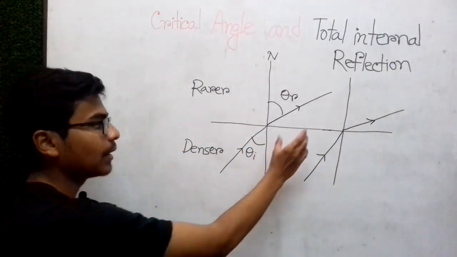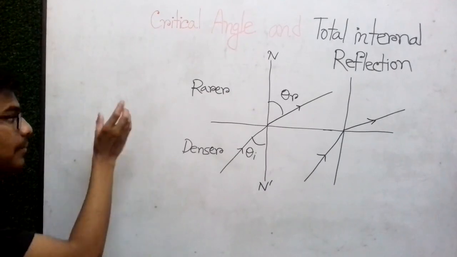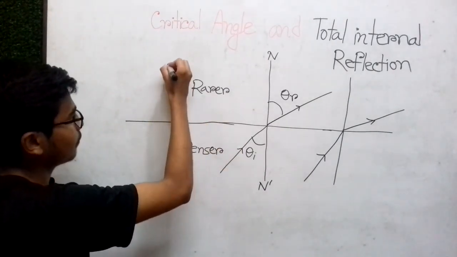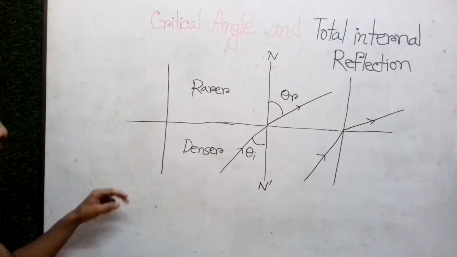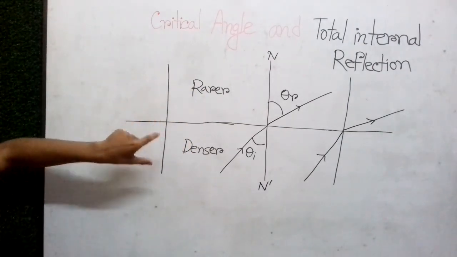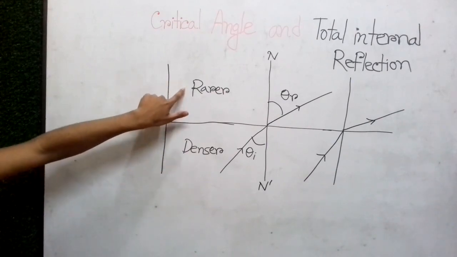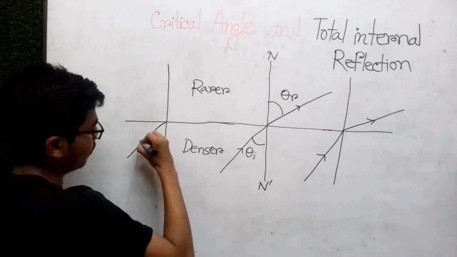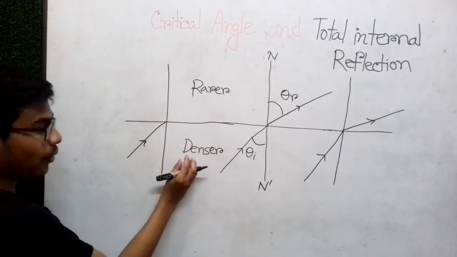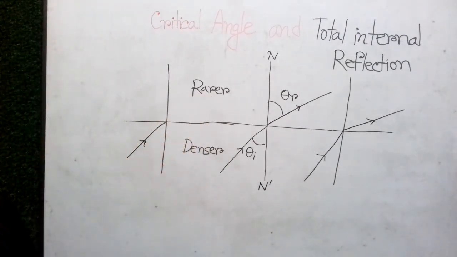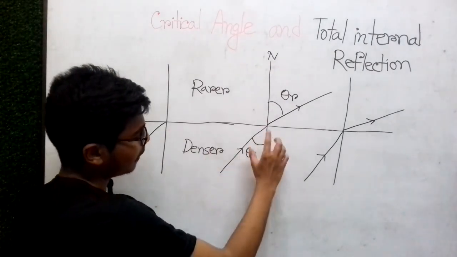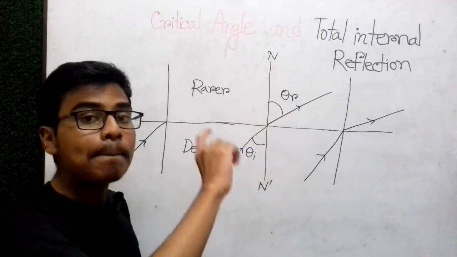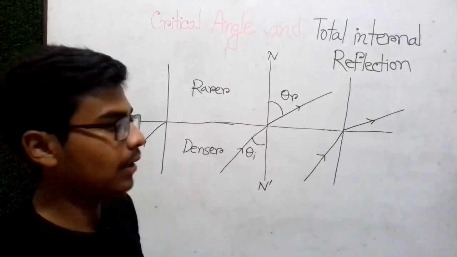In the same way, I'm drawing another normal, with the denser medium and the rarer medium. Suppose there is a light ray going from denser to rarer. We have seen that it bends away from the normal.